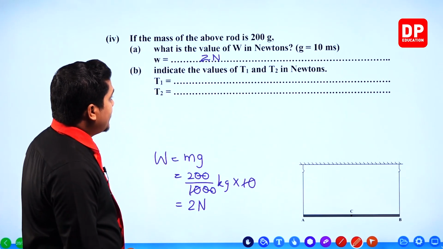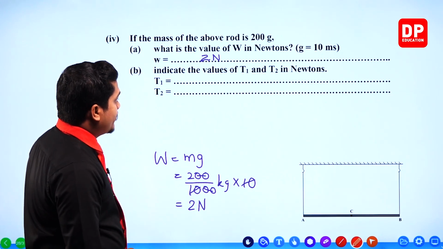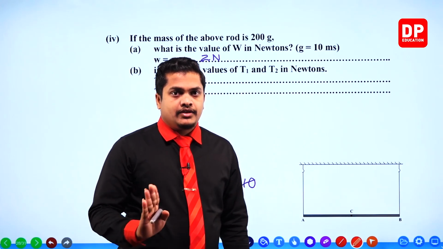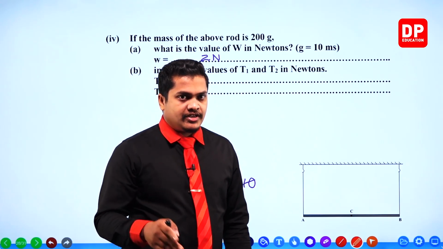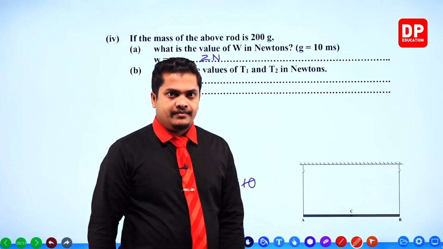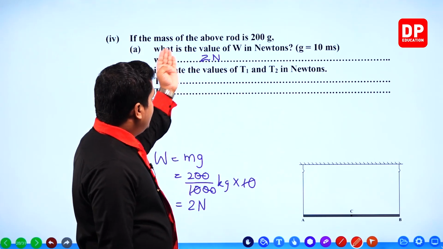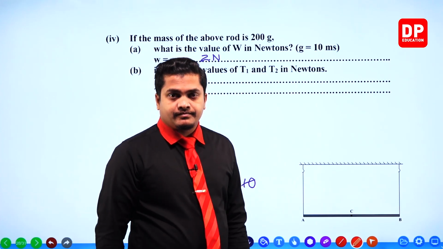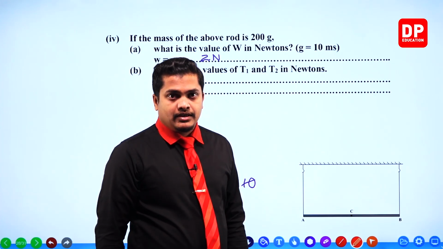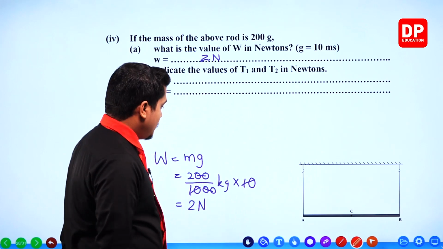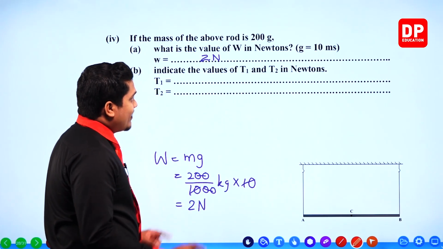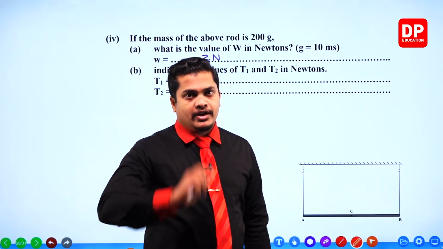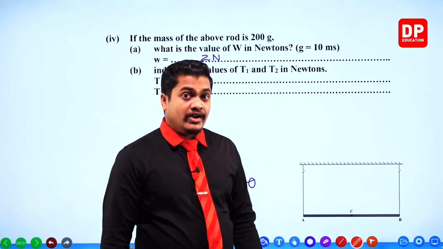Next one. Indicate the values for T1 and T2 in newtons. Previously we wrote that the two tensions are equal to each other. The weight of the rod is equal to 2 newtons. That means, my dear children, each of these tensions should be equal to 1 newton. Otherwise, the rod will break down.